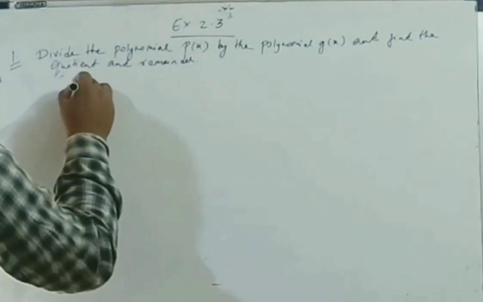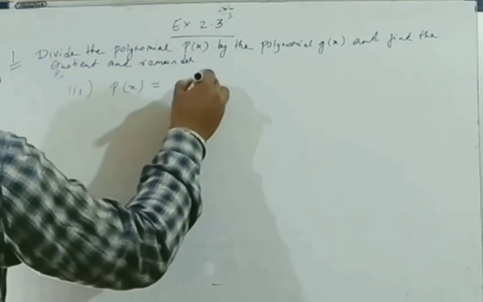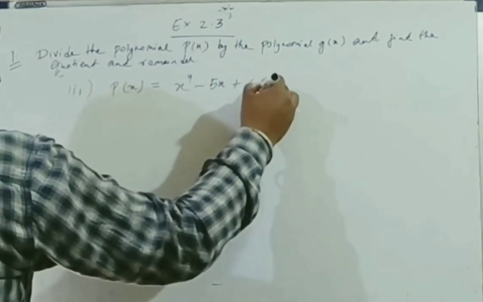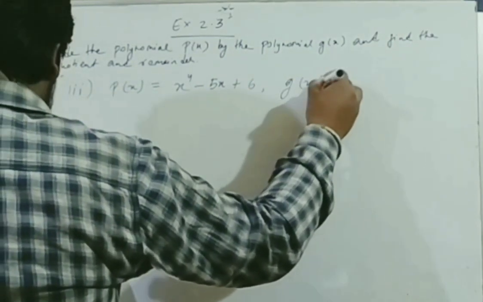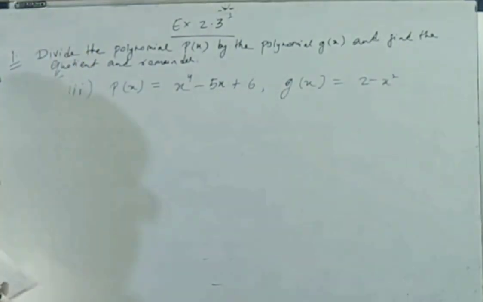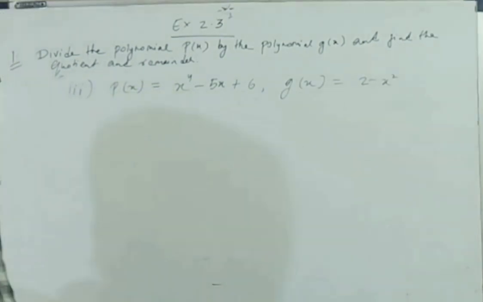Third part is p of x equals x to the power 4 minus 5x plus 6, and g of x is also given: 2 minus x square. Same thing. This is the dividend and this part is the divisor.